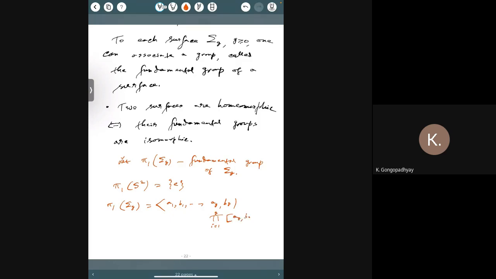Okay, so this is the fundamental group of a surface.